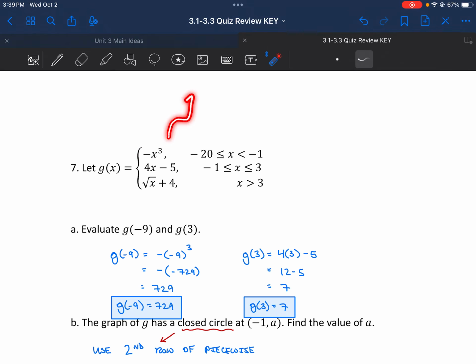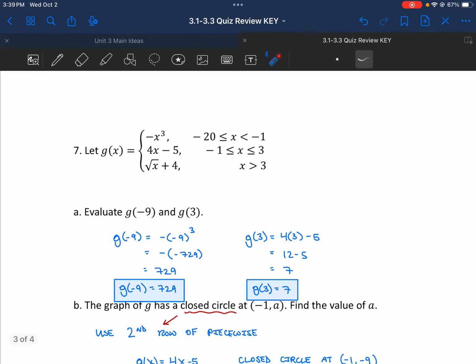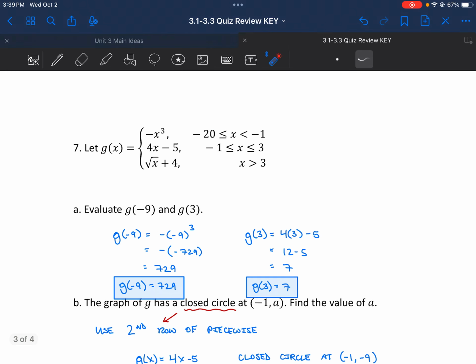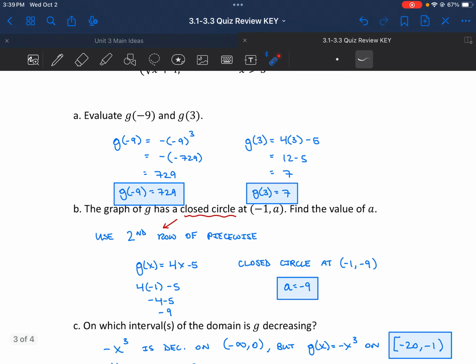So instead of doing this, it's going to do this. So a negative cubic is always decreasing. All right. So negative x cubed is decreasing on really everywhere. So yeah, this thing's always going to be decreasing.